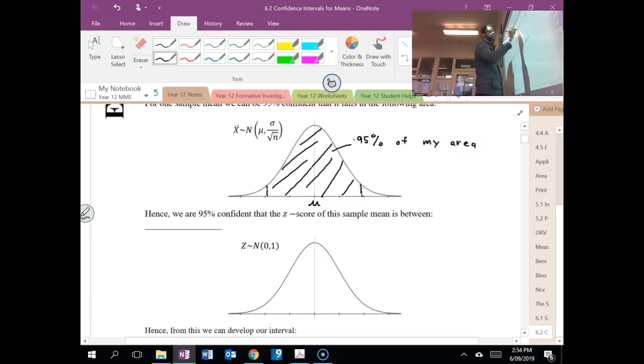So, 95% of my sample means are in this area.